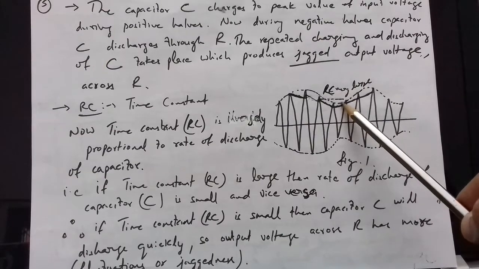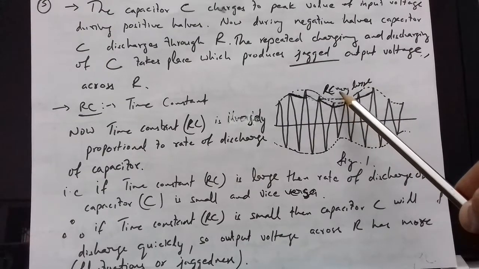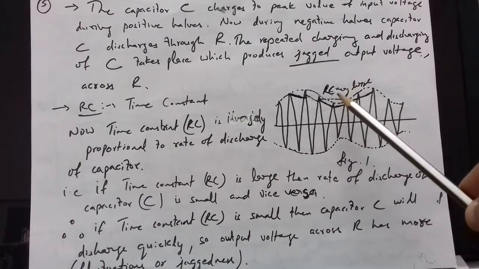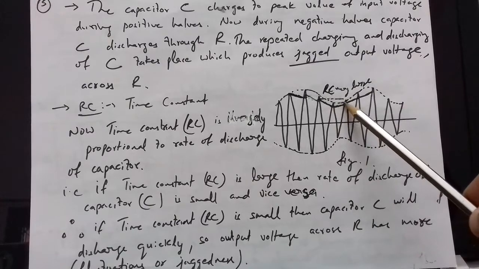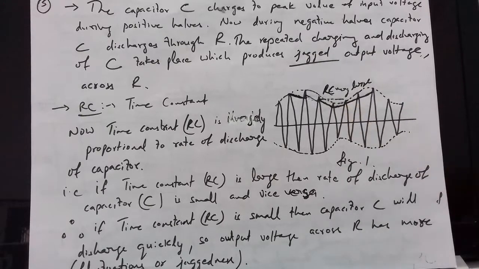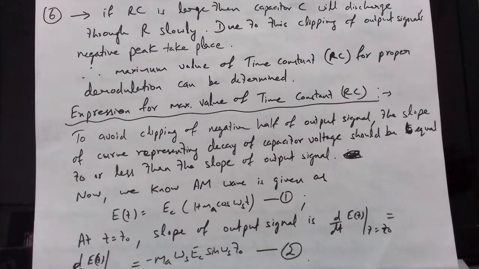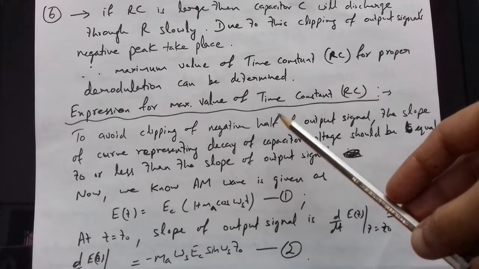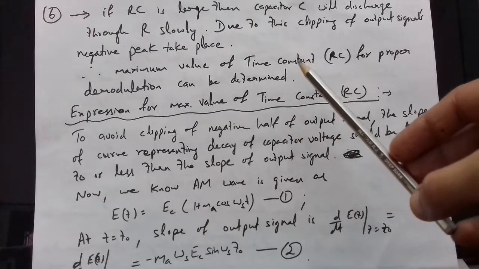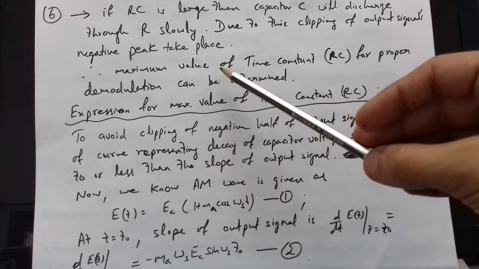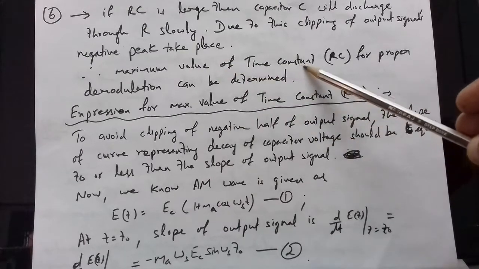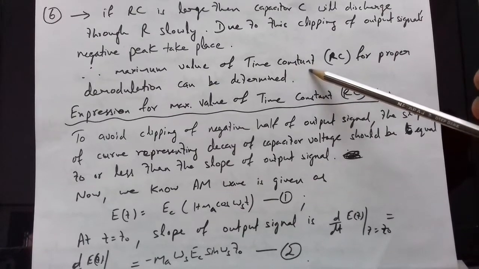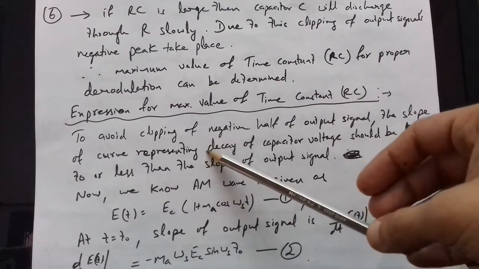So we want the rate of discharge to be adjusted such that this negative portion does not get clipped. For this, we want some maximum value of the time constant which we have to fix. How to fix that value?